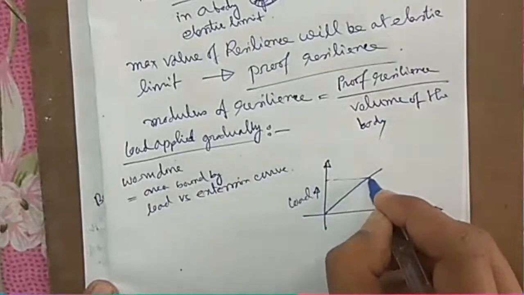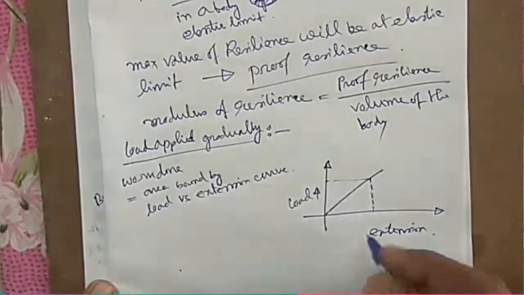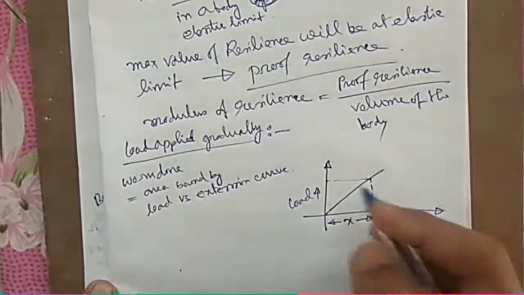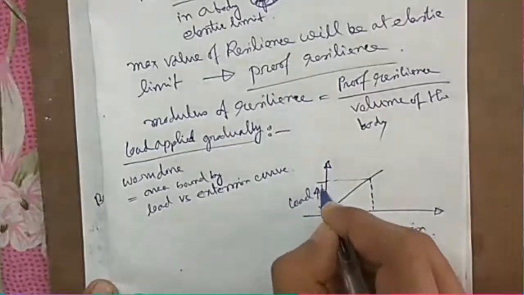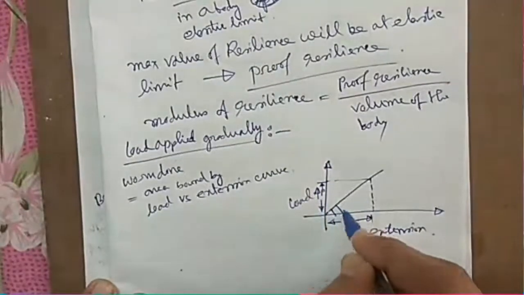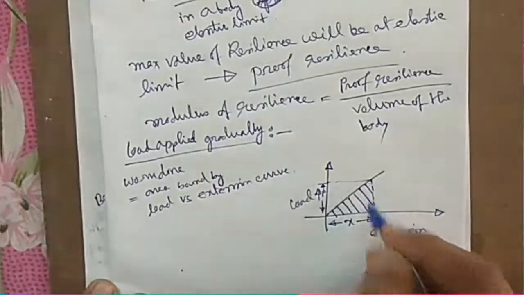Suppose the loading is up to this level and the relative extension is up to this level, so extension is denoted by x and the loading is denoted by P. Then the area bounded by this curve will be this much when the loading is under elastic limit.